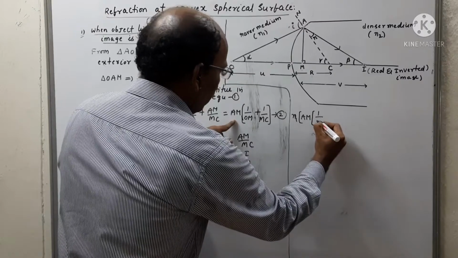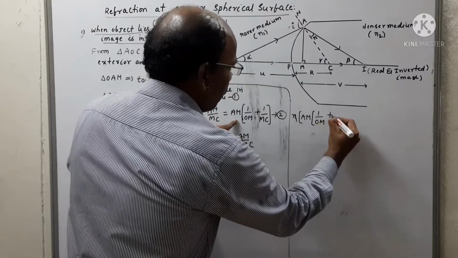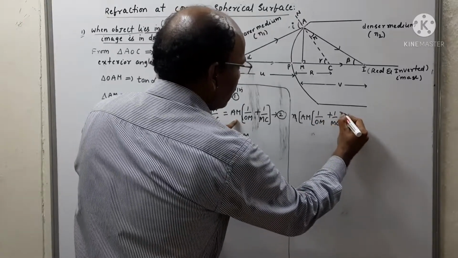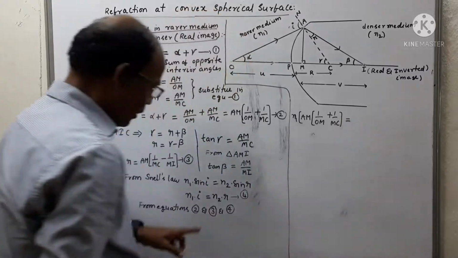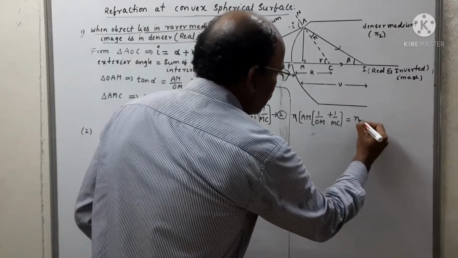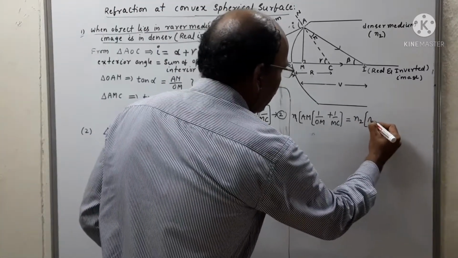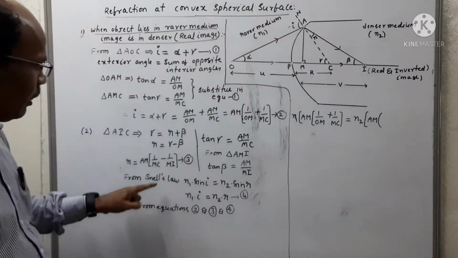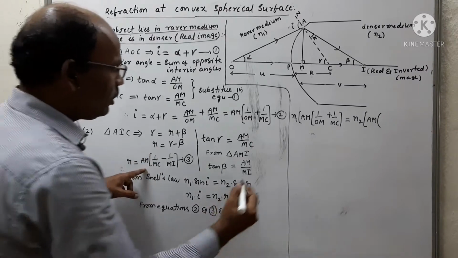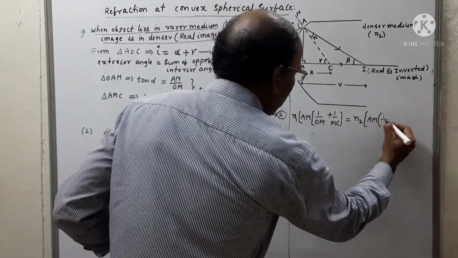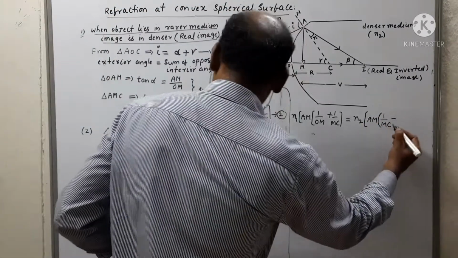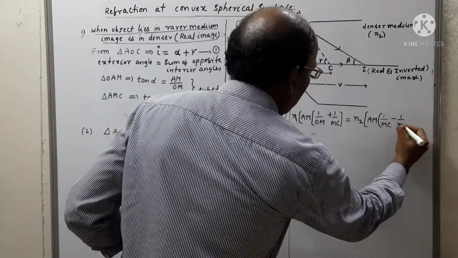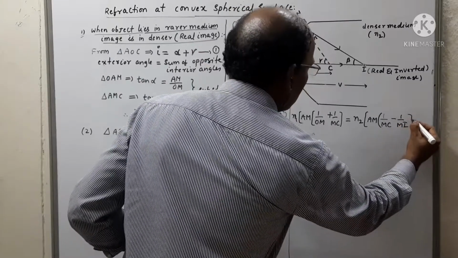AM into 1 by OM plus 1 by MC is equal to N2 into R. So for N2, again take AM common. So what is the value of R? R is equal to AM into 1 by MC minus 1 by MI.